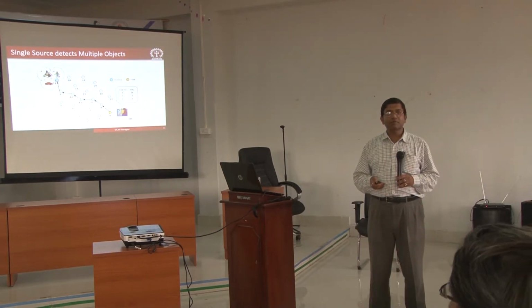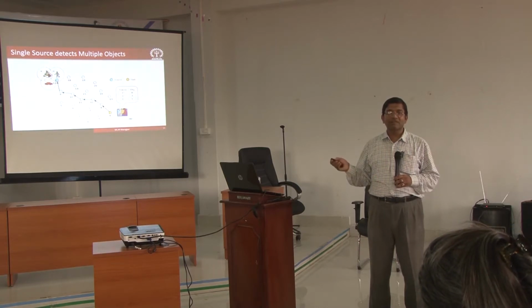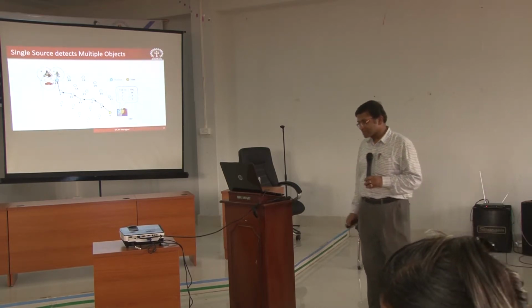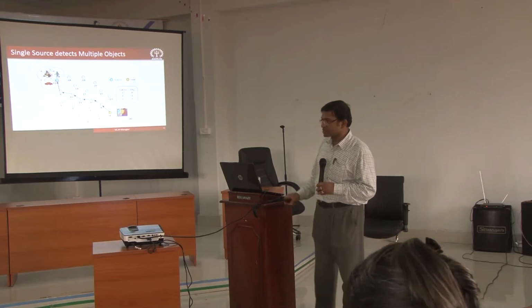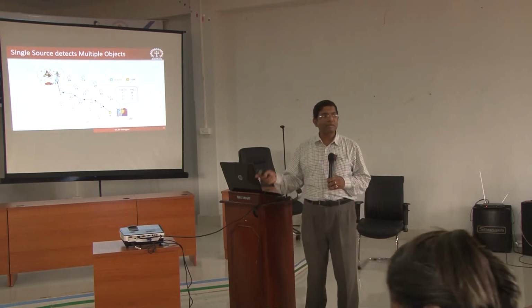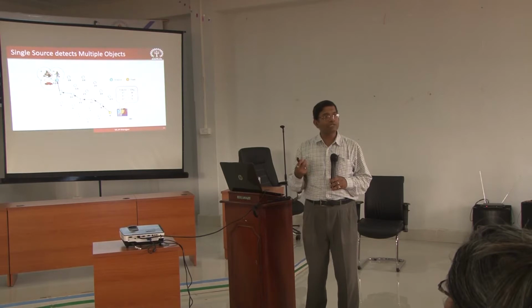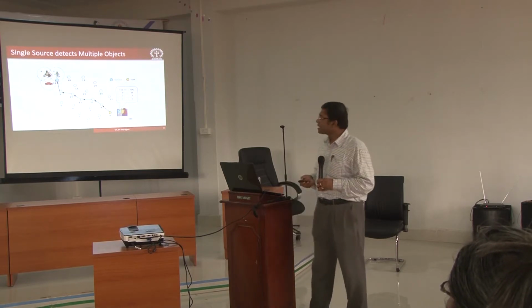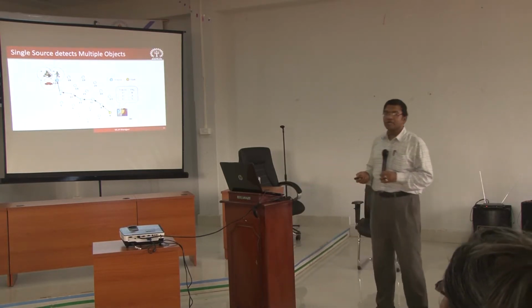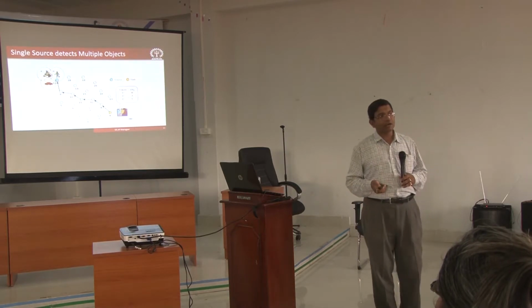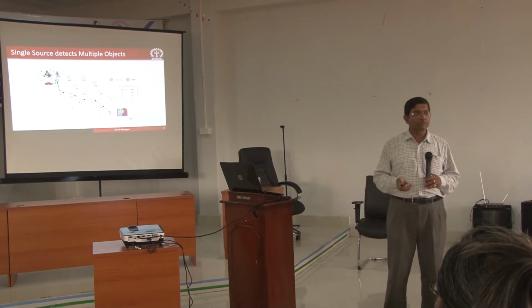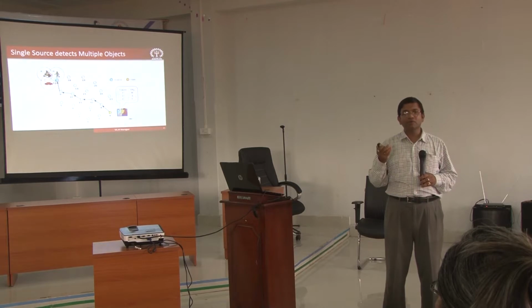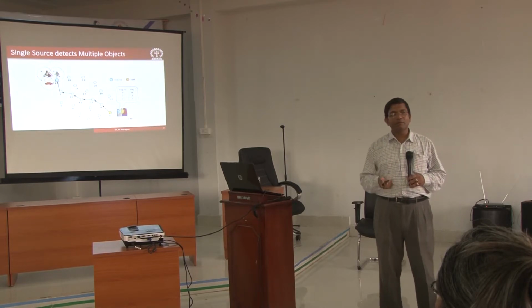The question is whether node 17 has sensed three different objects, or whether it is the same object that is moving around in its vicinity. How does it know? It doesn't know. Similarly, it doesn't know whether it is the human object, the car object, or which one is the horse object. So many different problems are there.